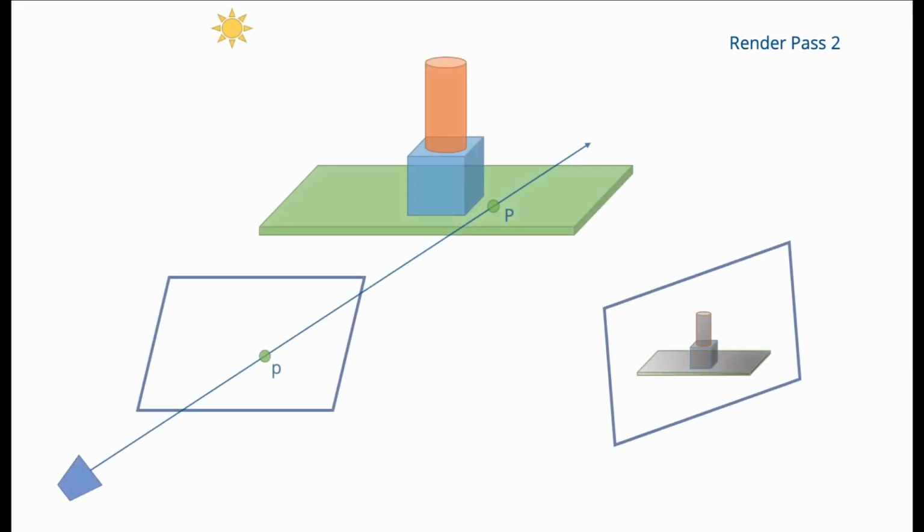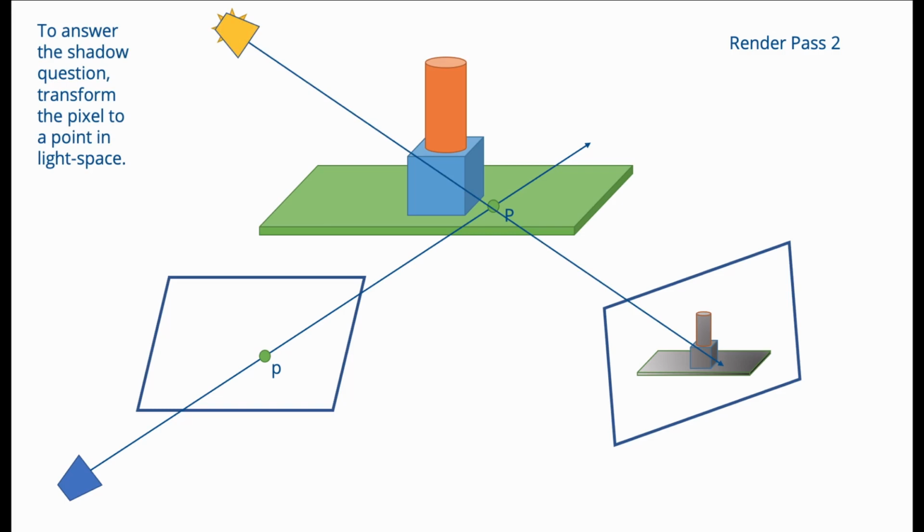In the second pass of the shadow mapping algorithm, we actually render the scene that we want to the screen, and for every pixel that you are trying to color, you map that pixel to light space again. What do we mean by that? You take the 3D point corresponding to a pixel small p, that is capital P, and look at this point by placing your camera at the light source.